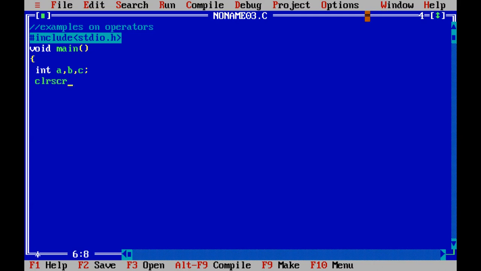And giving the clear screen function to clear the previous output, if any.